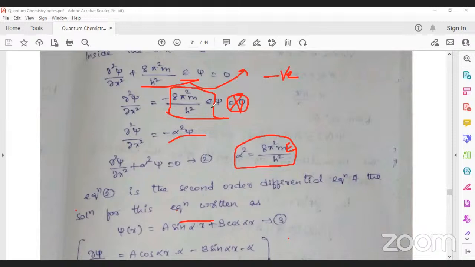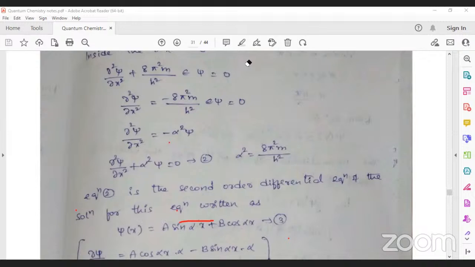Minus as usual will be there, ψ as usual will be there. The remaining terms all become α². α² is equal to 8π²mE by h².